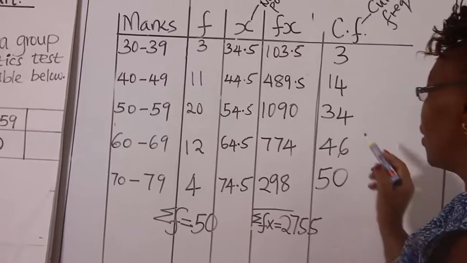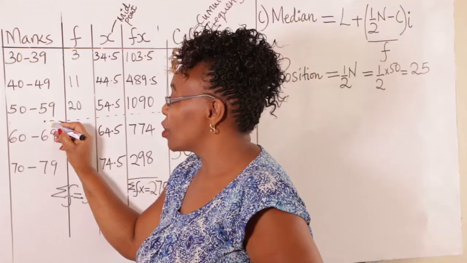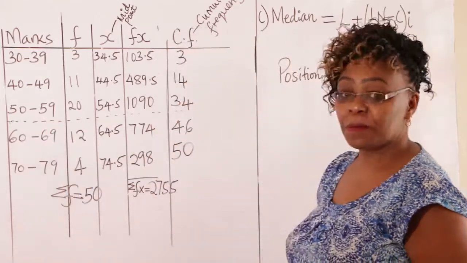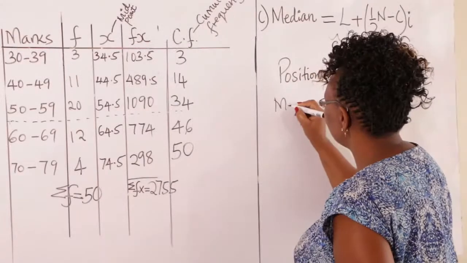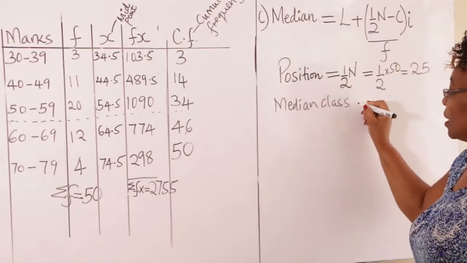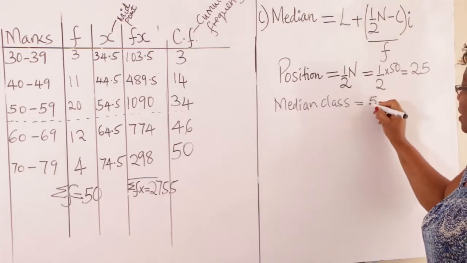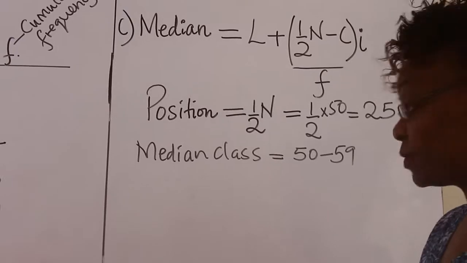You mark that row, and therefore your median class is 50 to 59.